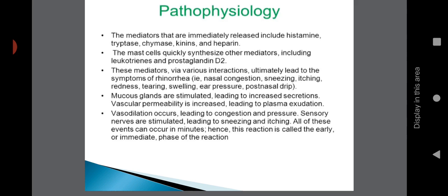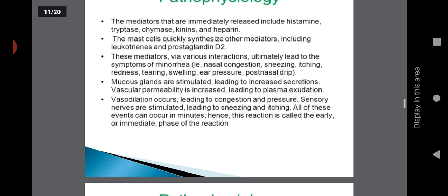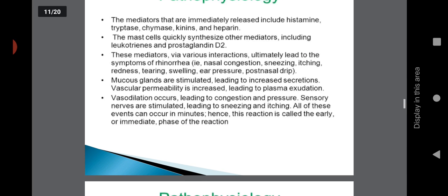So it's a kind of normal defense mechanism or normal function of the nasal mucosa, that if some foreign body or allergen comes in contact with the nasal mucosa, it should be drained or flushed outside. The nasal mucosa will not allow it to enter into the respiratory tract.